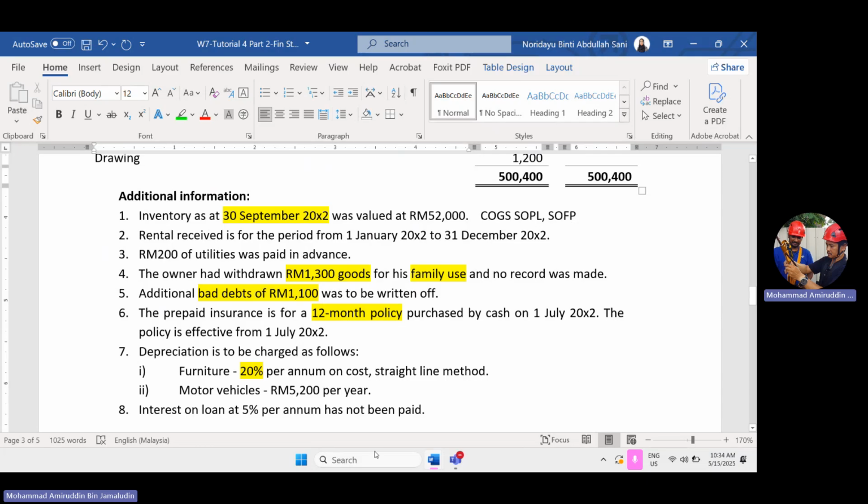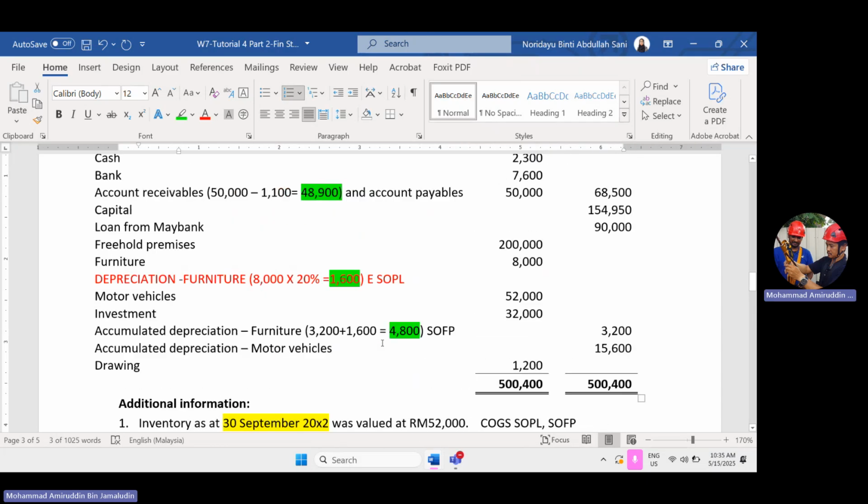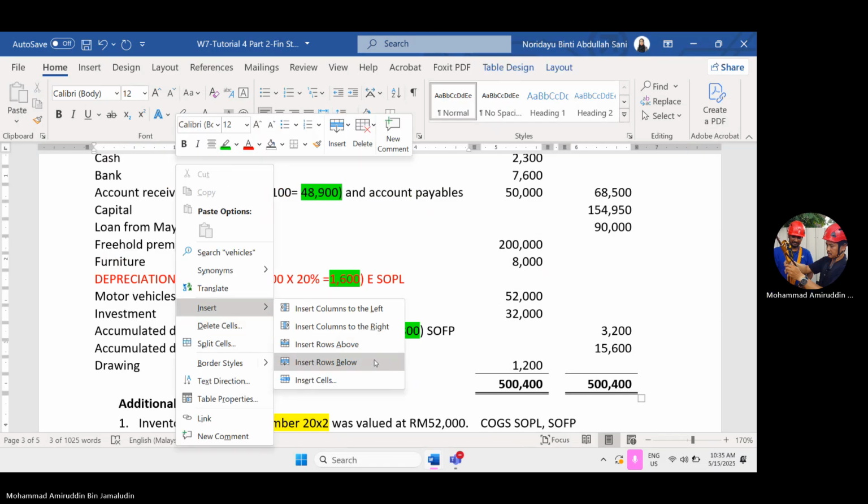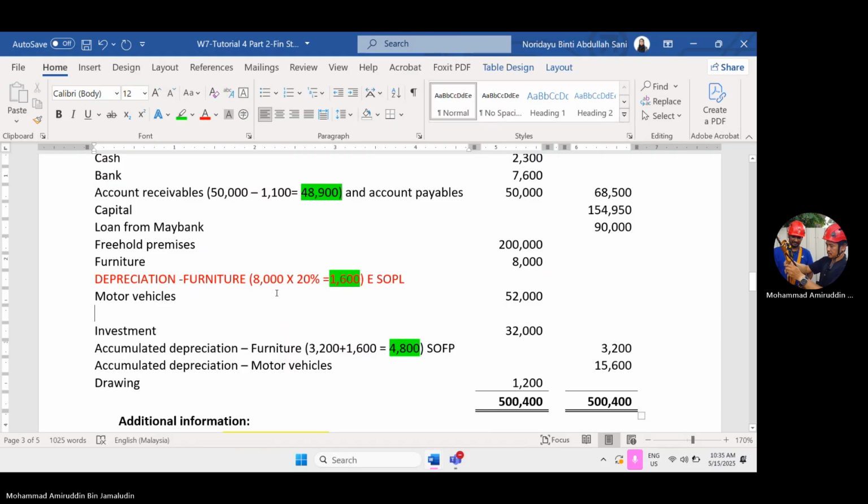And then motor vehicles, this one we don't have to compute, it's provided already. So where is my motor vehicles? So expenses we send to SOPL.